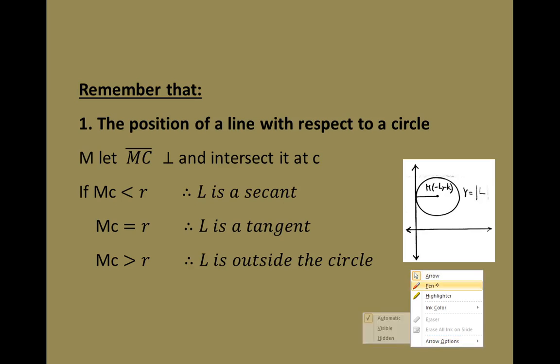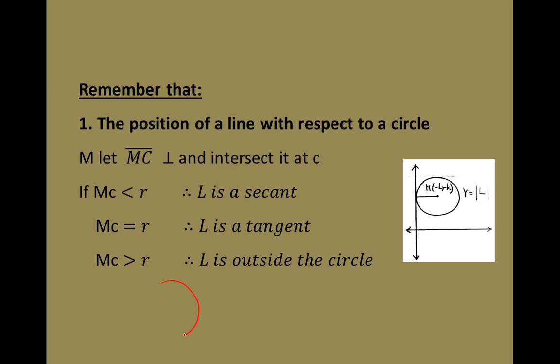Here, there is a circle M. If there is a straight line L and C is a point belonging to this straight line, I'll draw a perpendicular line segment from the center M to the straight line to cut the straight line at the point C. If MC is greater than R, then L is outside the circle.